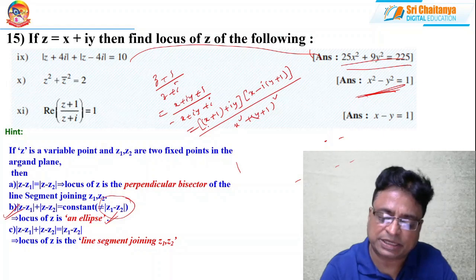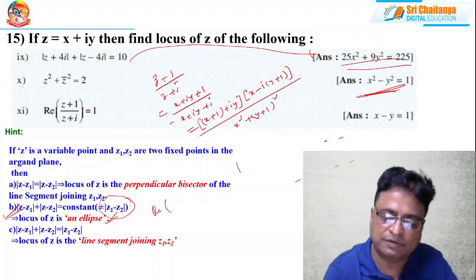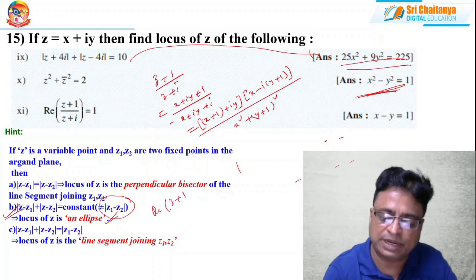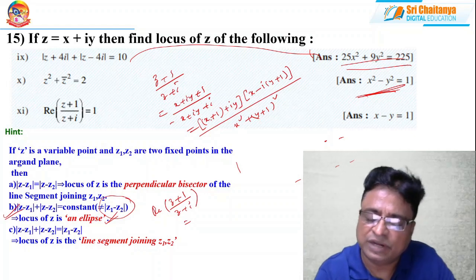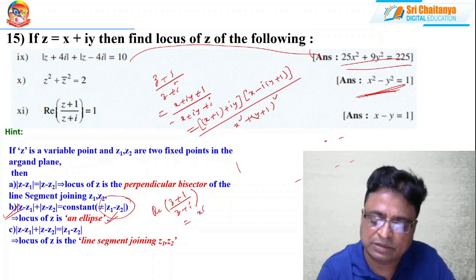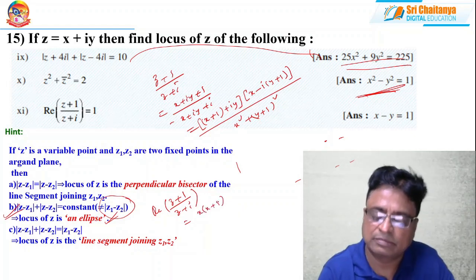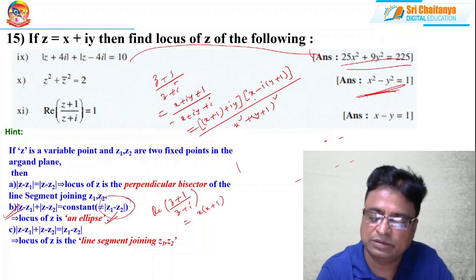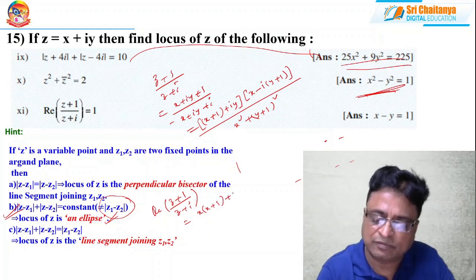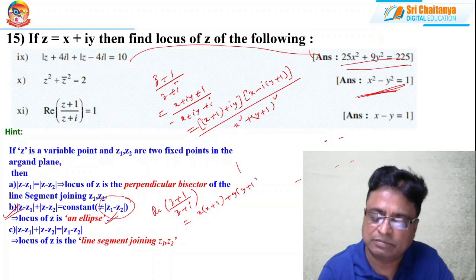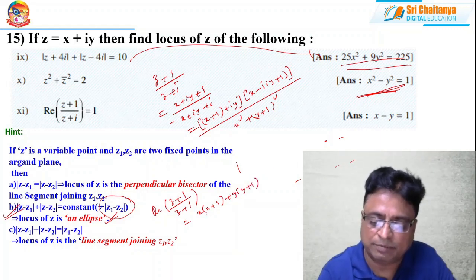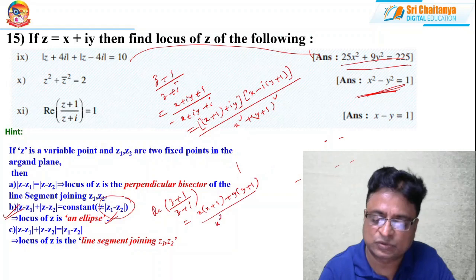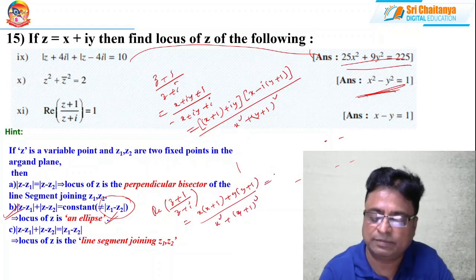Now the real part of z plus 1 by z plus i equal to, what is the real part? x into x plus 1 plus y into y plus 1, by the denominator x square plus y plus 1 whole square, equal to 1.